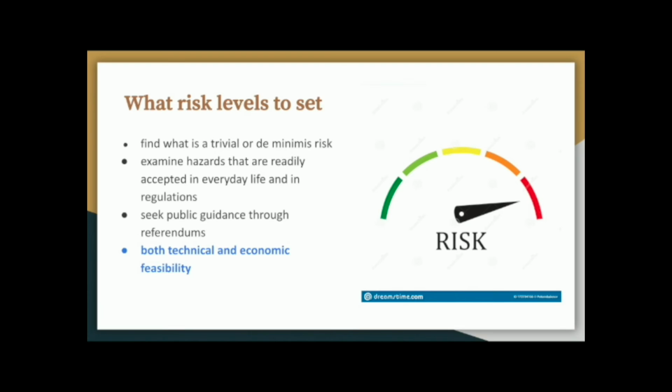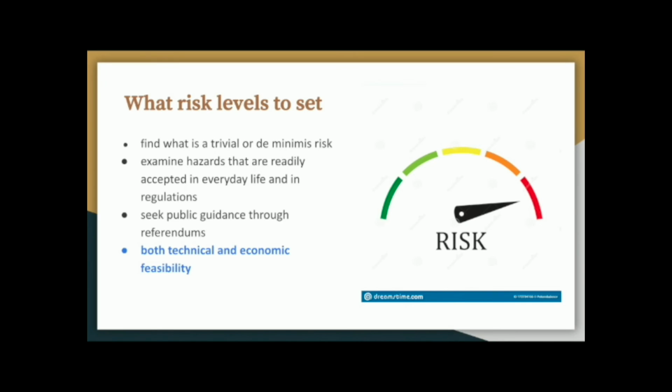So what risk levels to set? For guidance on what risk level to set, a variety of approaches has been used. One attempts to find what is a trivial or minimum risk so that the limited resources for improvement are not wasted to reduce risk beyond this level.